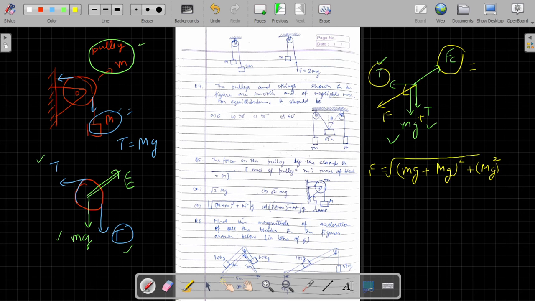So this would give us the square root of (m plus capital M) squared plus capital M squared, times g, and this should be equal to the force exerted by the clamp. So this should be option number D. Next we are to do question number 6.